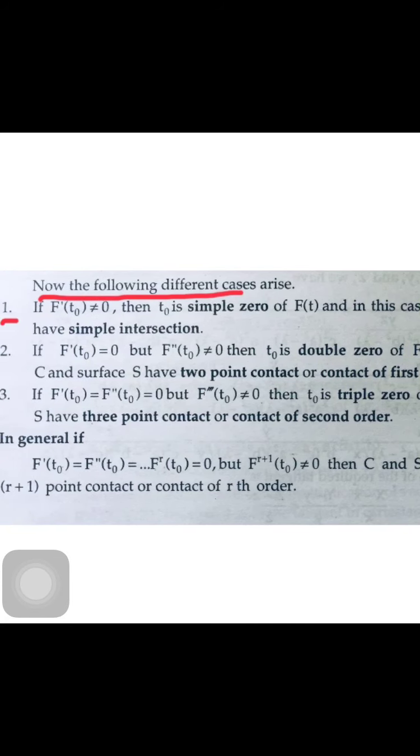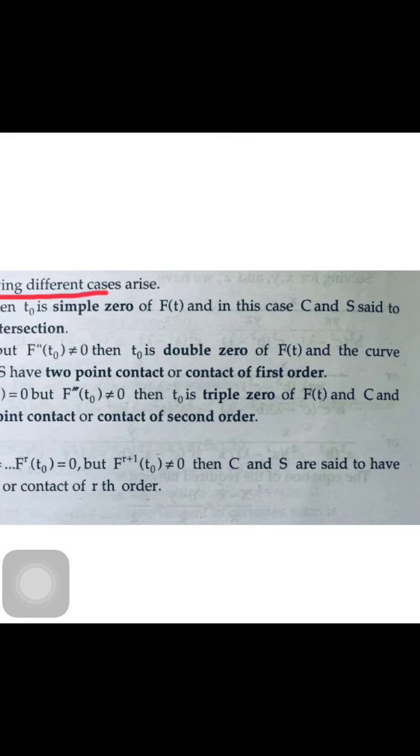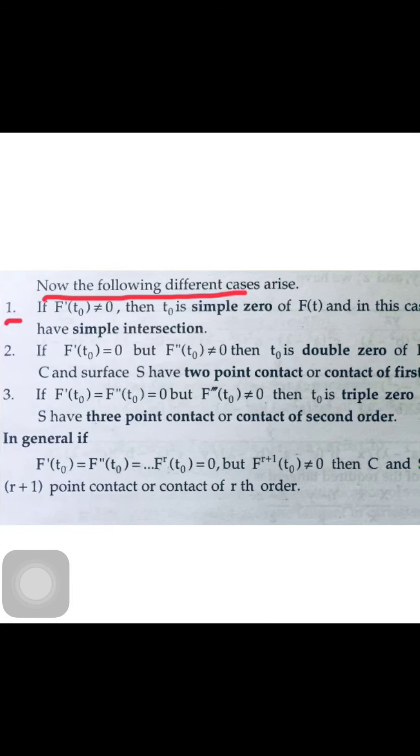Now in the third case, if the first differentiation and second differentiation are 0 but the third differentiation at t0 is not equal to 0, then t0 is a triple 0 of f(t), and curves C and S have 3-point contact and the order is less than 1, so the order becomes second order.